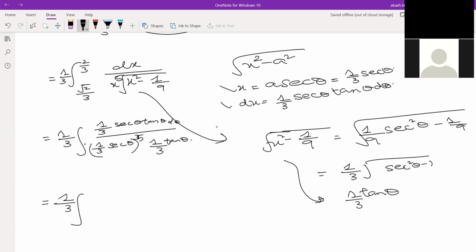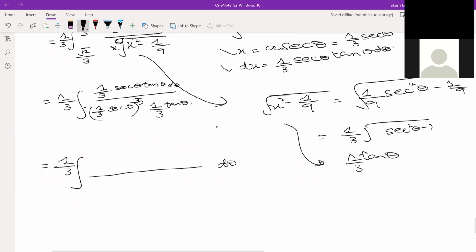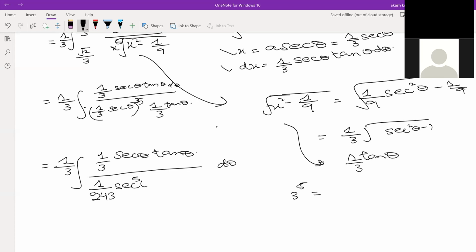Now we have to cancel out. Okay, let's first simplify. 1 over 3 sec theta tan theta, and 1 over 3 power 5 is 243 sec 5 theta, times 1 over 3.